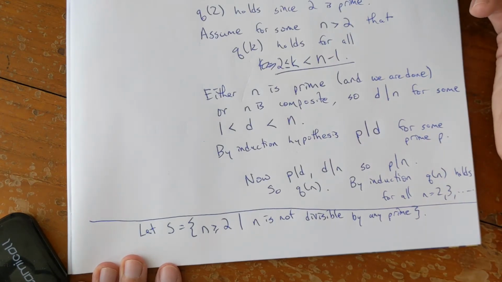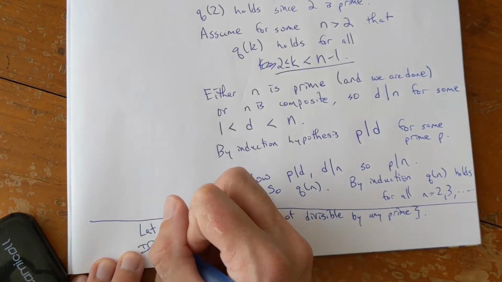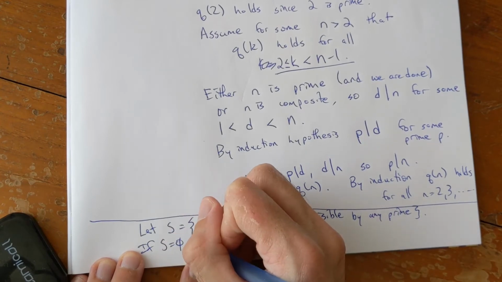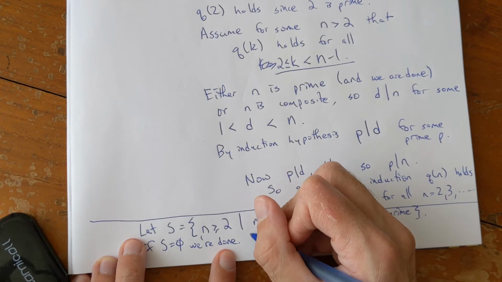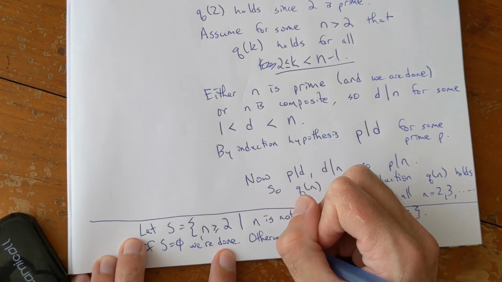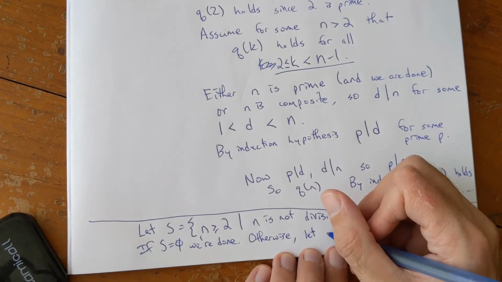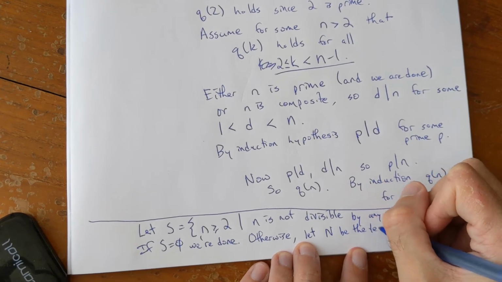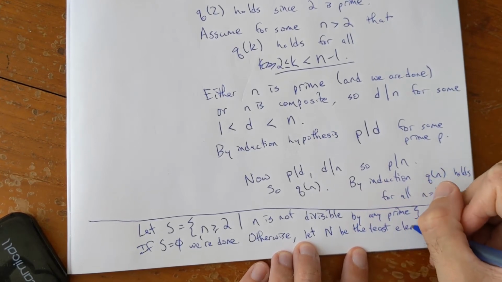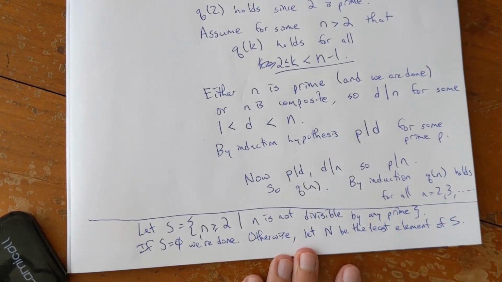So assume S is not empty, then it has a least element by the well-ordering principle. Let n be the least element of S.